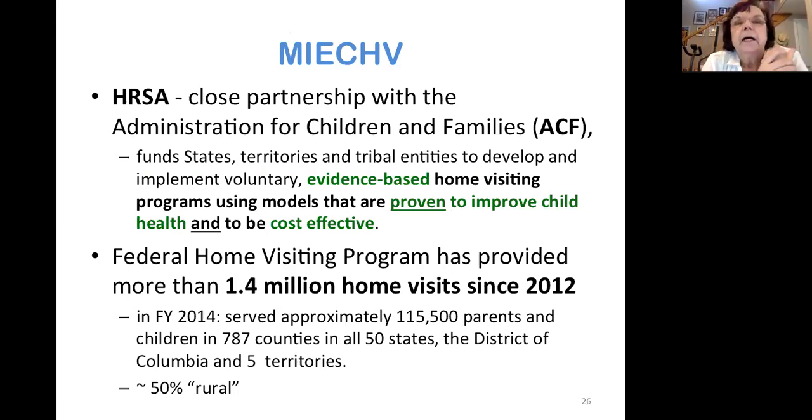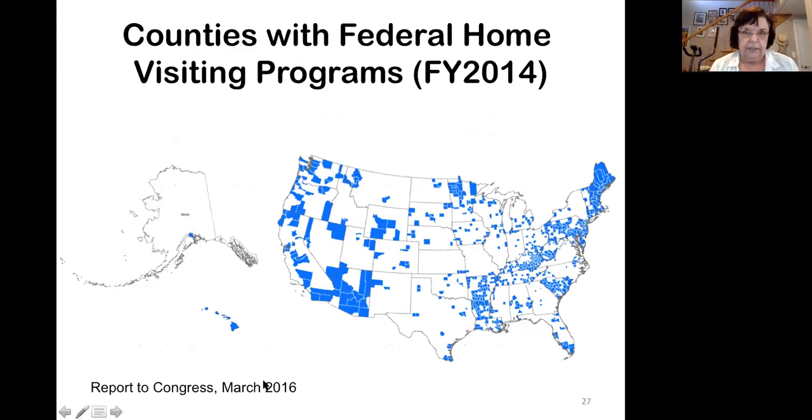So HRSA, in close partnership with ACF, funds the states, territories, and tribal entities to implement voluntary, and that's a key word, evidence-based home visiting programs using models that have been proven to improve child health and be cost effective. So the federal home visiting program has provided over 1.4 million home visits since 2012, et cetera. And about 50% of these are also rural. So there's nice representation across the country.